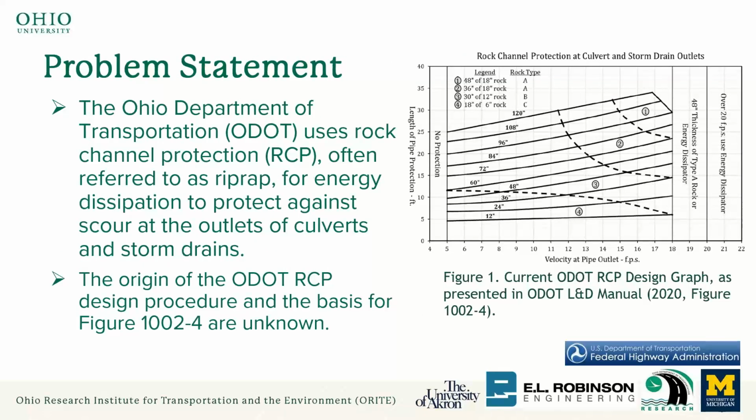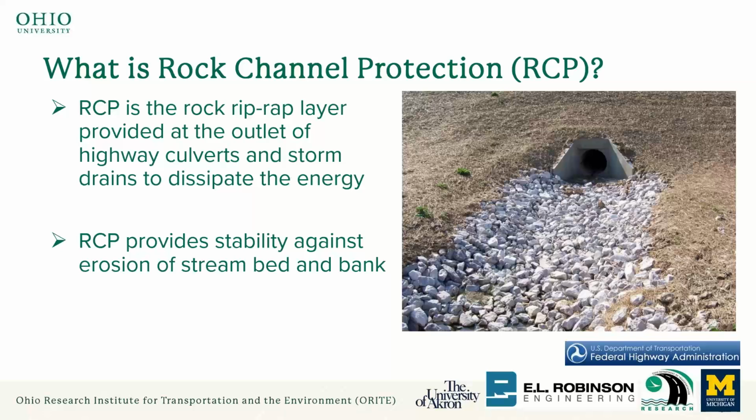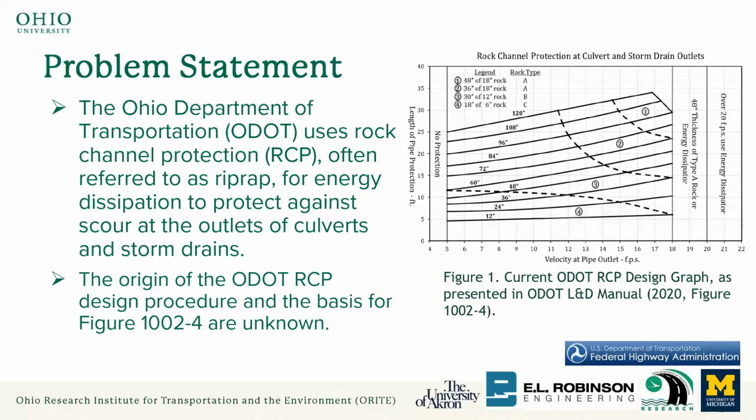So the way ODOT designs RCP is this chart, figure 1. It is from the L&D manual, figure 1002-4. The way to use this is for your culvert size, right? So you see you have 12-inch, 24-inch, and all the way to 120-inch, and you have a velocity at the outlet. Let's look at one example.